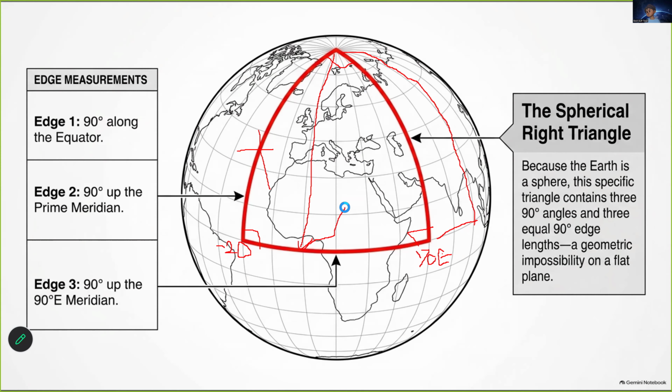Where's 45? I think 1, 2, 3, 4, 5. This line. Okay, this one is 45.